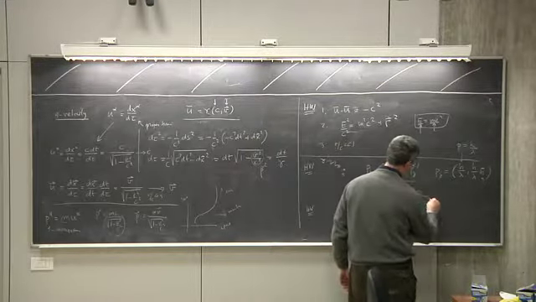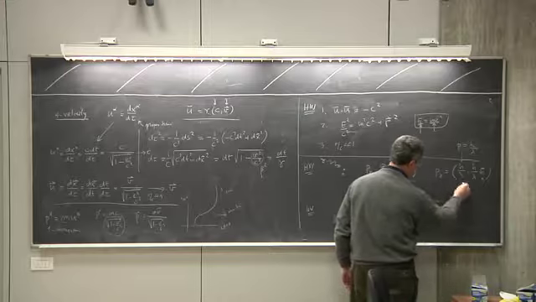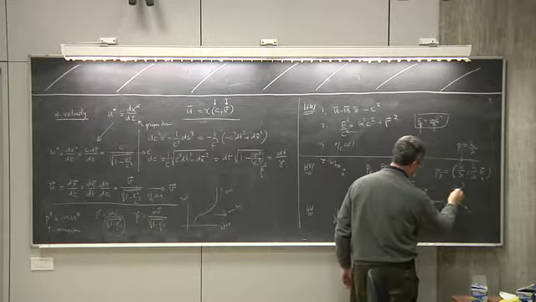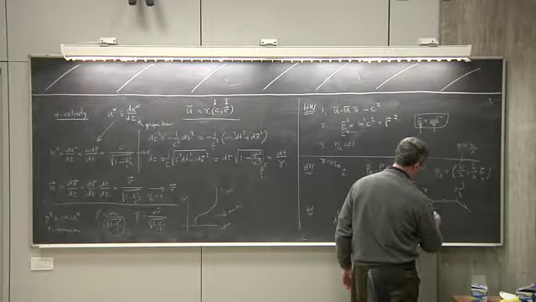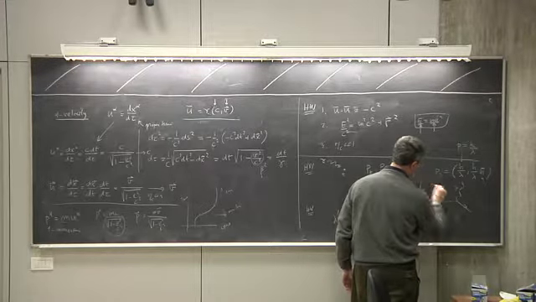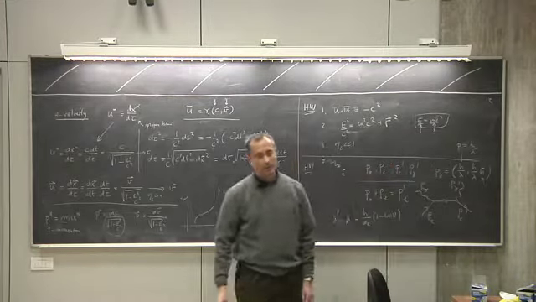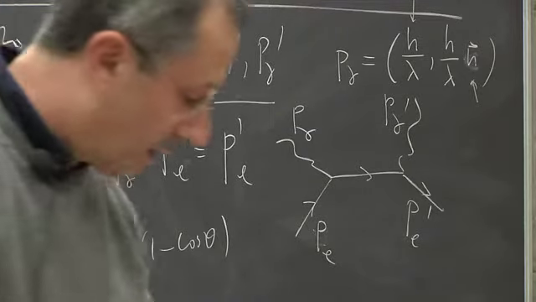So it's like this, right? So this is the electron. This is called a Feynman diagram.